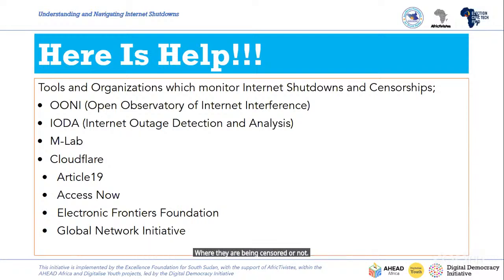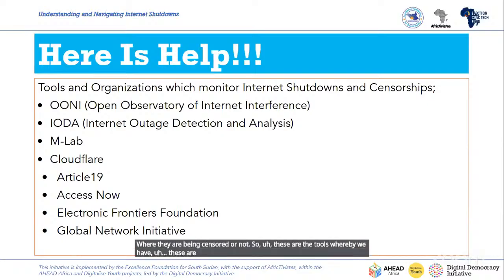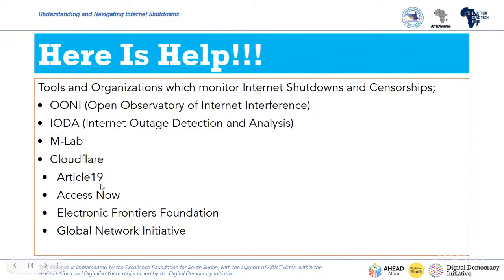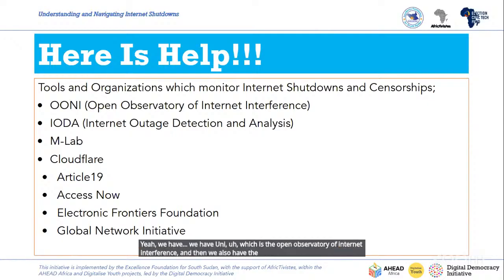These are tools and organizations whose specific work is to monitor internet shutdowns and censorship. One of them is what we call OONI, the Open Observatory of Network Interference, and then we also have IODA, the Internet Outage Detection and Analysis.